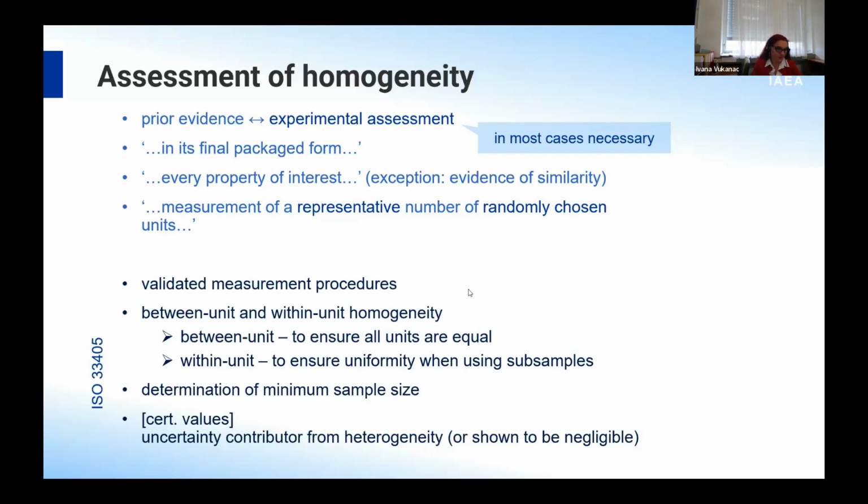As a result of the homogeneity study, we obtain an uncertainty contributor from heterogeneity of the material in the uncertainty budget, or we declare that it is negligible. For radionuclide reference materials, this contribution is about 3 up to 5%.